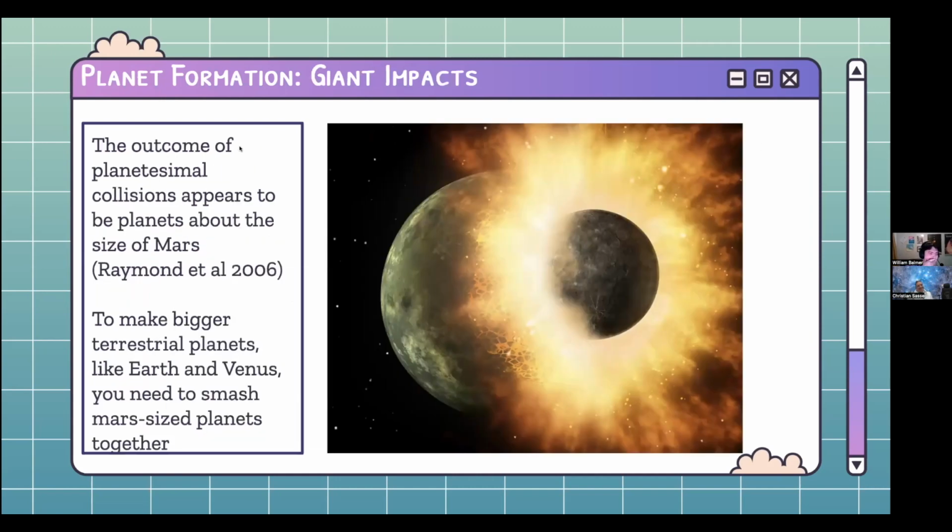So the outcome of this planetesimal formation, it appears to be planets about the size of Mars, right? And that's when you run a bunch of simulations, that appears to be the sort of characteristic size that you top out with. And in order to make much bigger planets, you have to take these Mars-sized rocks and you have to cross their orbits and get them to collide, right?